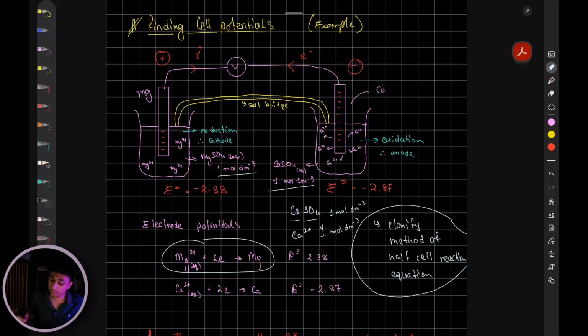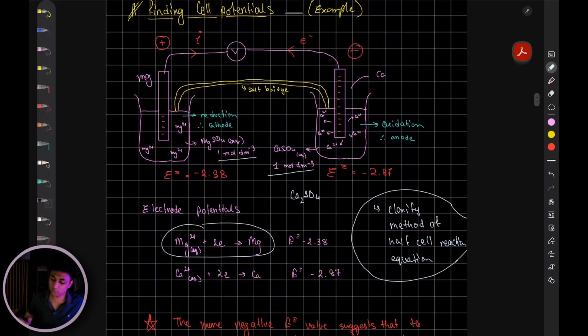Now let's say, for example, the ratio was different. I'm just giving you an example. There are cases where the ratio between the metal and non-metal is not equal. So let's say it was calcium to sulfate in a 2 to 1 ratio. In that case, you would only take 0.5 mole per dm cube of the compound. Why?